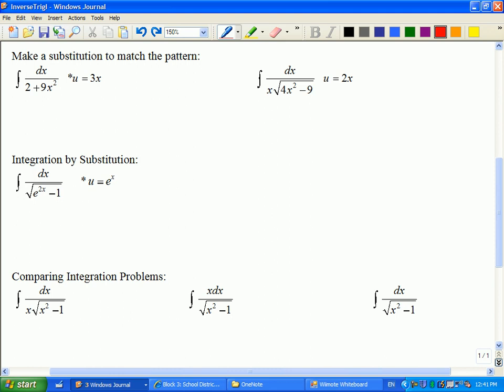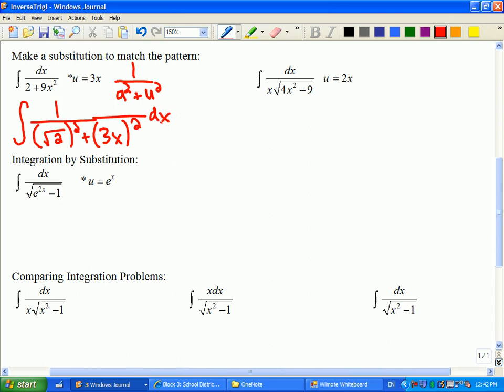So what I'm going to do is rewrite this, and I have to think about the arctangent pattern. So it's going to be a number squared plus some function squared. Okay? So in order to do that, you can think about it like this. It's like root 2 squared plus 3x squared.